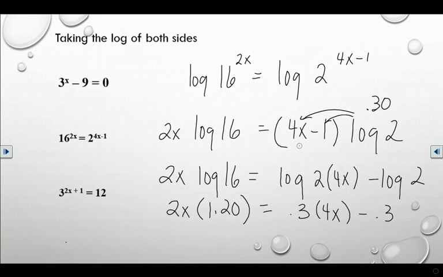And now you're back to algebra 1. So finish it out. So 2 times 1.2 is what? 2.4. 0.3 times 4 is 1.2.